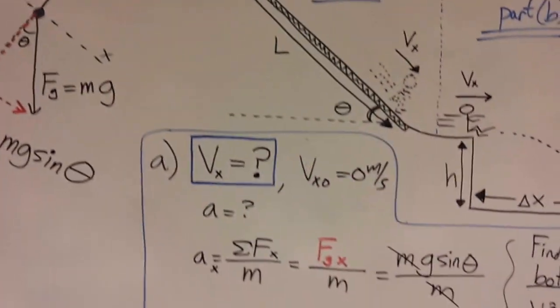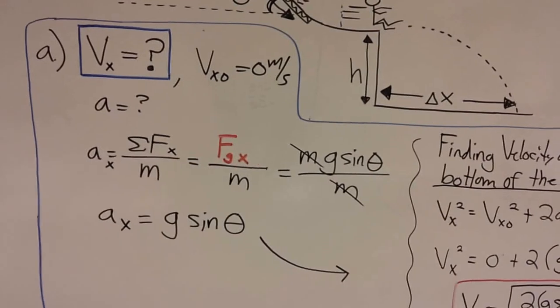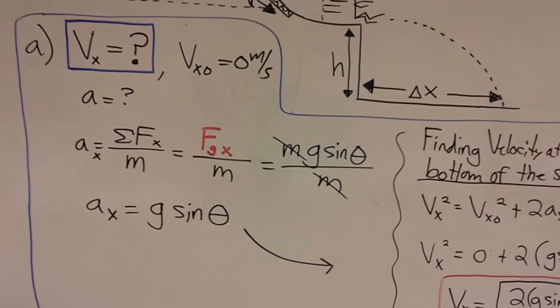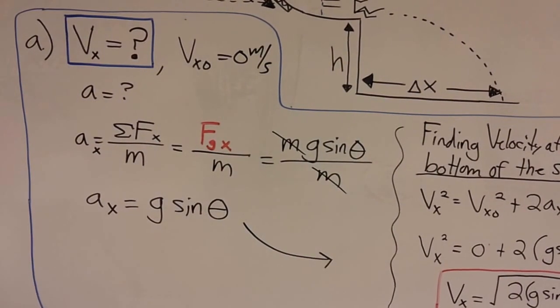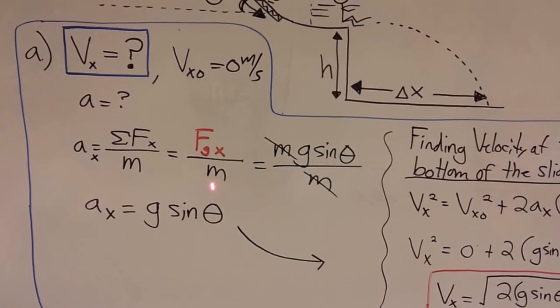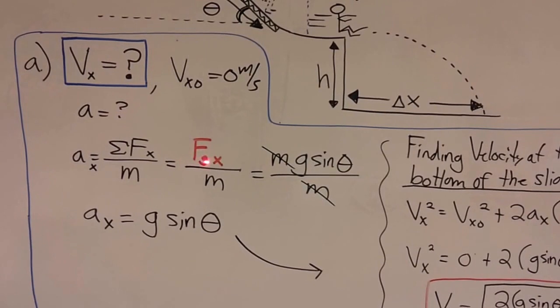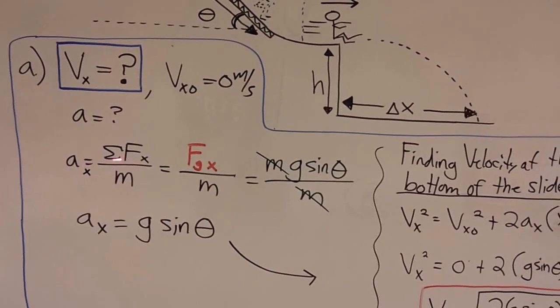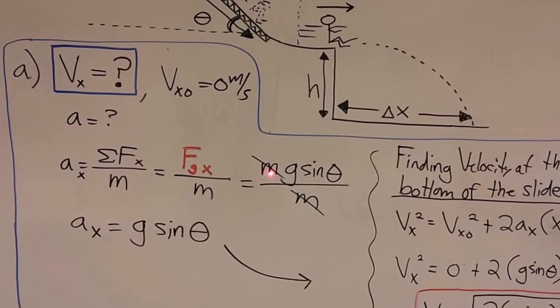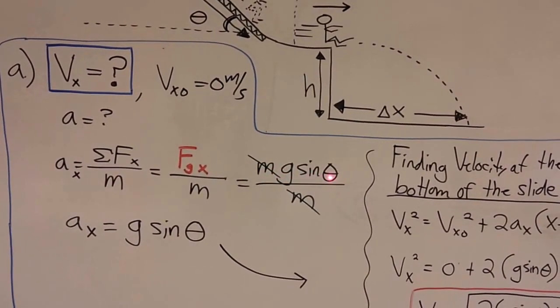So let's go back to Newton's second law. Now that we know that the acceleration in the x direction is caused only by the x component of gravity, we get the x component of gravity divided by mass will give us our acceleration of the kid on the slide. We said that the x component is equal to mg times the sine of theta.